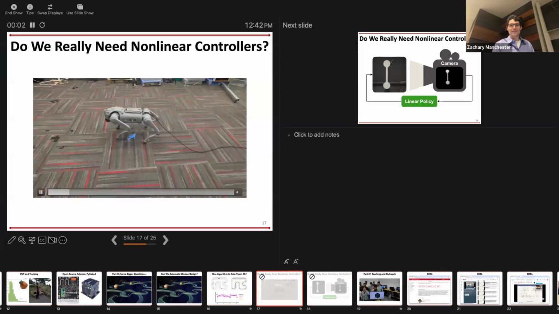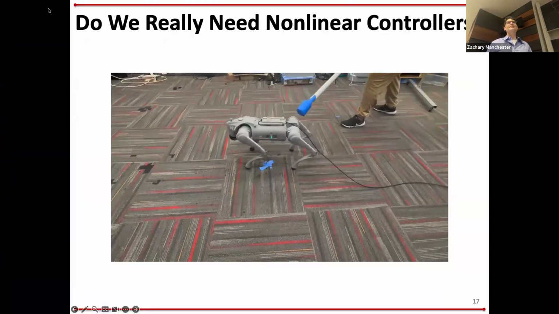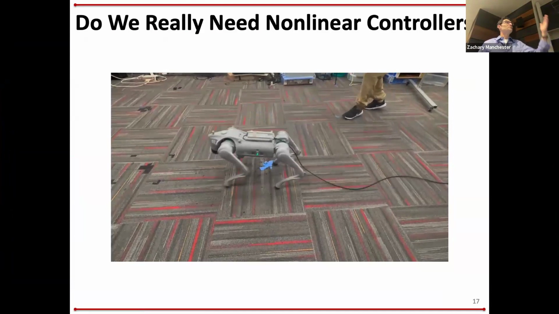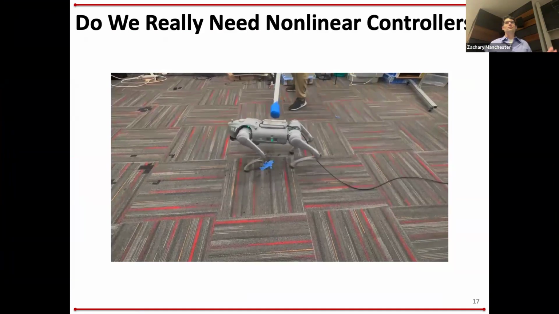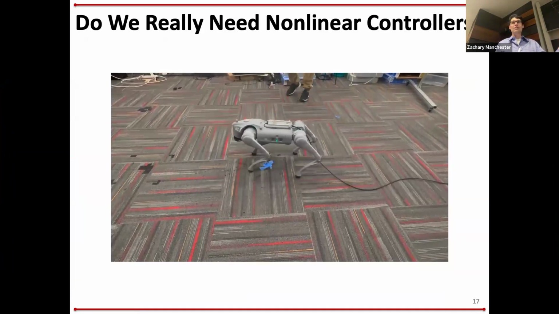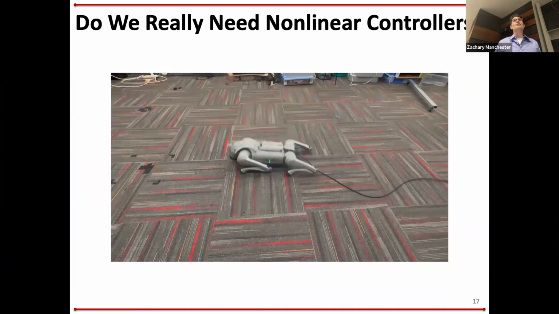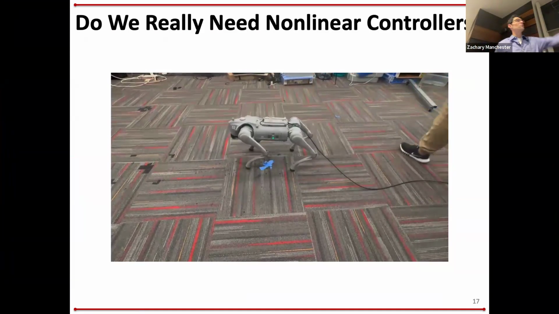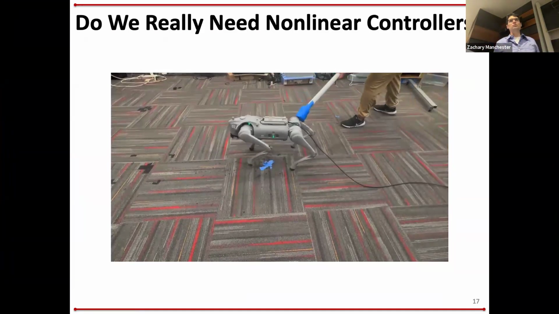I need to flip this around. This is a single linear model. It's one A and B matrix for the whole robot's dynamics. That's it. This would break down if you started to try to do backflips or super parkour crazy stuff where you're really aggressive. But if you're just walking around, you can use a linear model.